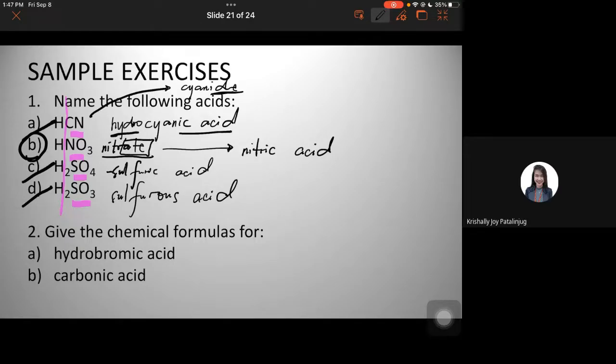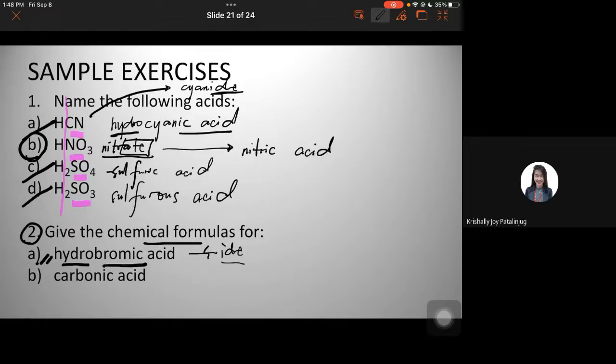For number 2, this time, let's try to write the formula based on the given names. Look at letter A. Observe that it has a prefix hydro, meaning this is an acid derived from an ion ending in ide.